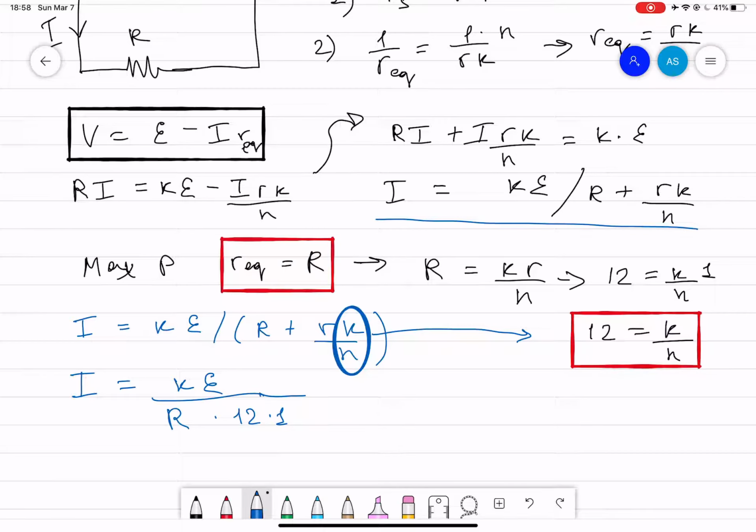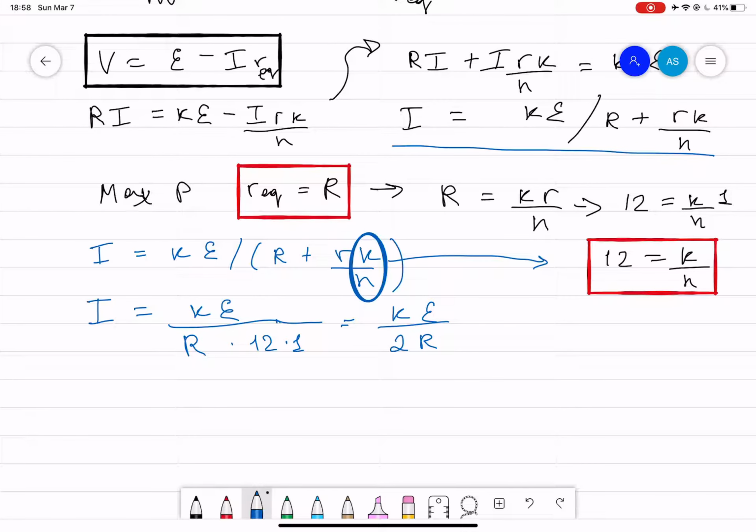Then we also know that the small r is equal to 12, so I can write K EMF divided by 2R. Now from here we can find K.